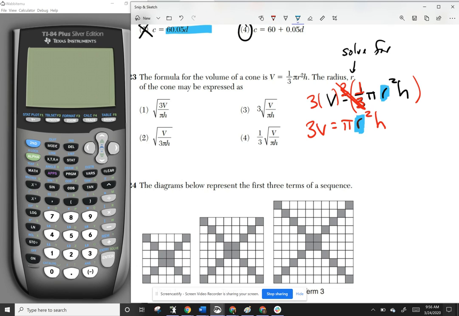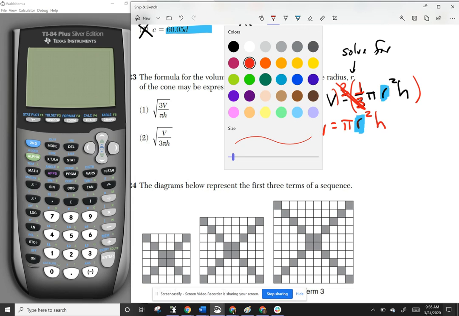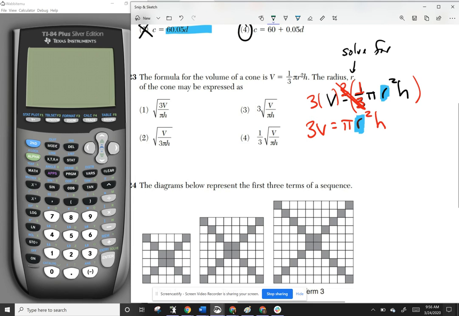Still wanting r alone. And now this is pi times r squared times h, and the opposite of times is division, so we're just going to divide both sides by pi times h. So we get 3v over pi times h equals, the pi's cancel out, the h's cancel out, and we get r squared.